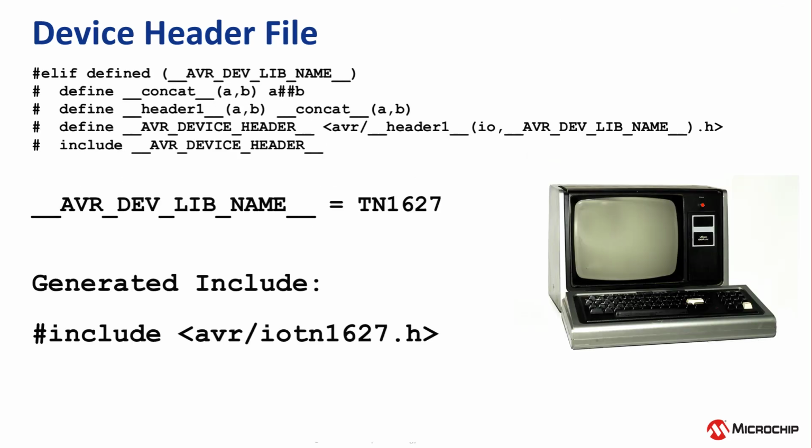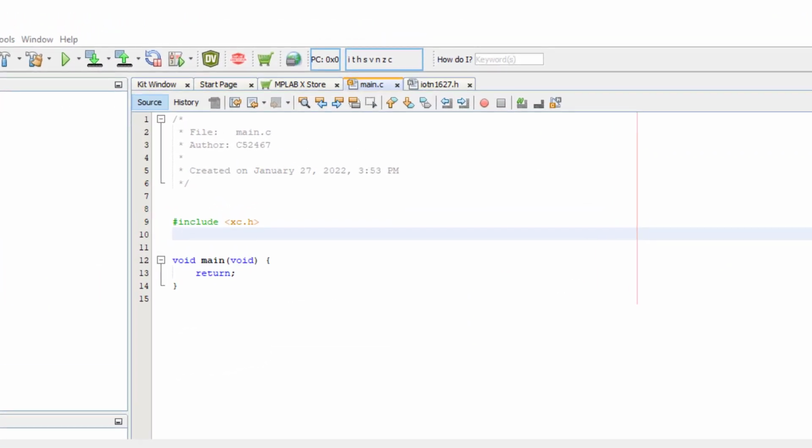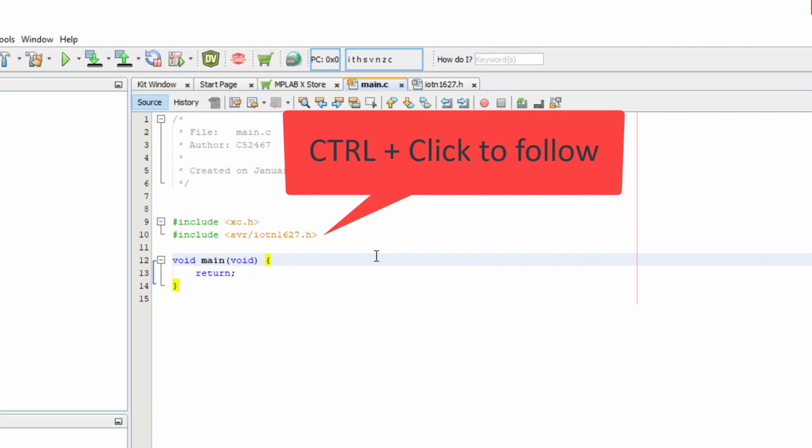For the AT Tiny 1627, the AVR device library name is TN1627. So then the generated include becomes AVR/IOTN1627. And we can manually type that in at the top of our main.c file and then Control-click to follow it to see all of the macros.